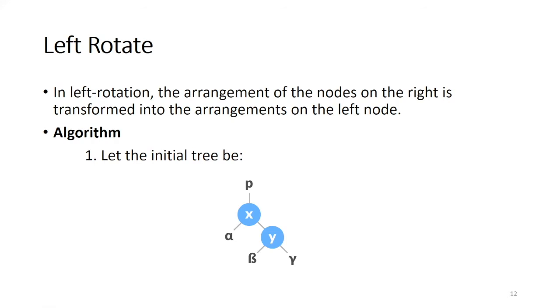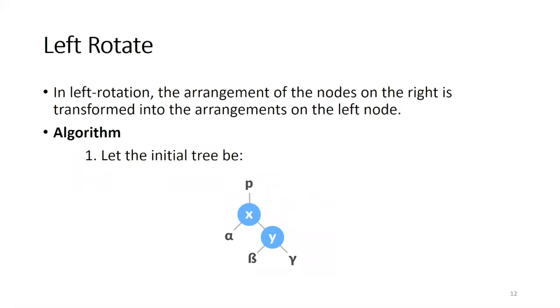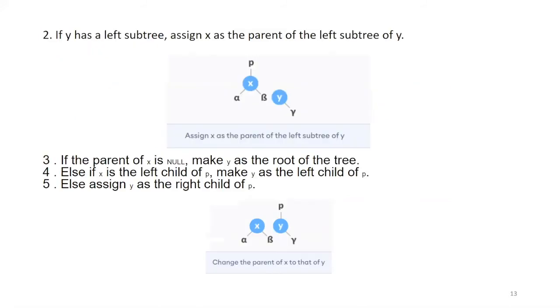In order to left rotate, we'll have to separate the X and Y nodes and insert the B node in the X right subtree. Now we'll dismember the X node from the parent, and the parent node will go to Y. And again we'll see that the A and B nodes will be joined to X. Now where will X go?